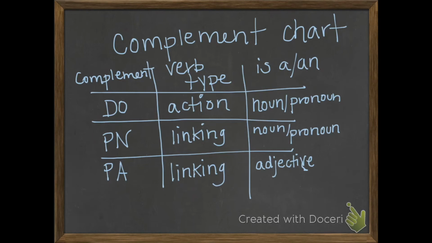To have a predicate nominative, it follows a linking verb, and it functions as a noun or a pronoun. It can also be a predicate adjective, a PA. This also follows a linking verb, but it functions as an adjective. Hopefully that'll help us to make our decision as we look for complements in this sentence.